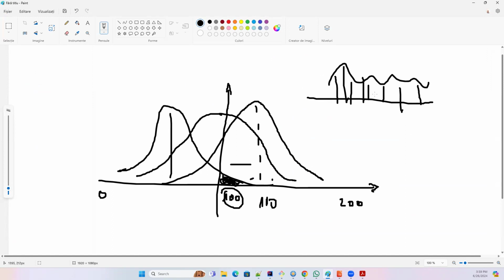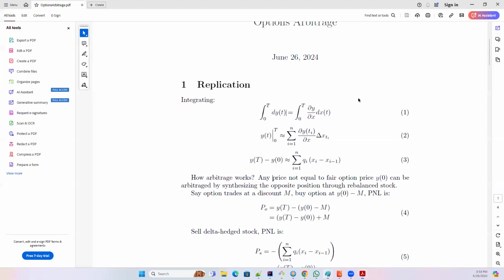The more often these intervals are, the more precise it is. So we can sum this stuff each day. And this means that the price of the option at expiry minus the price of the option at inception is the sum of the difference between stock prices, stock price in one day and stock price in the other day, times a certain quantity.